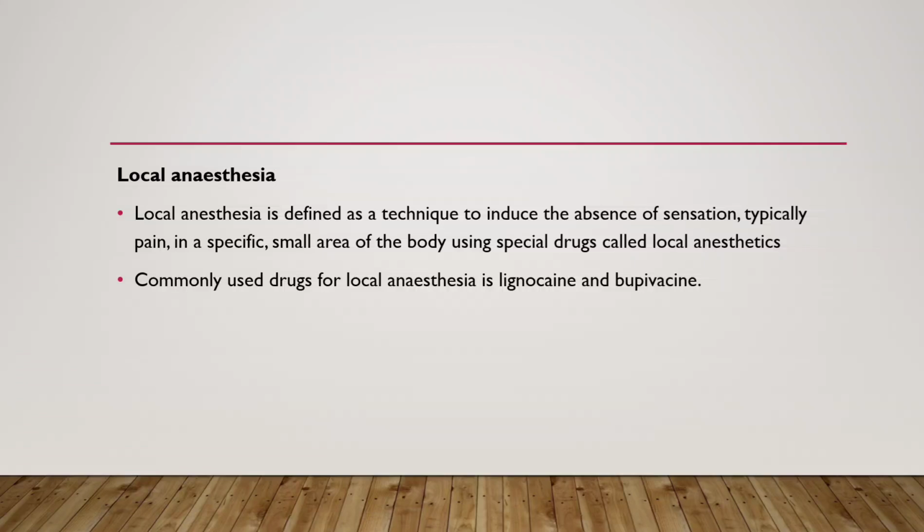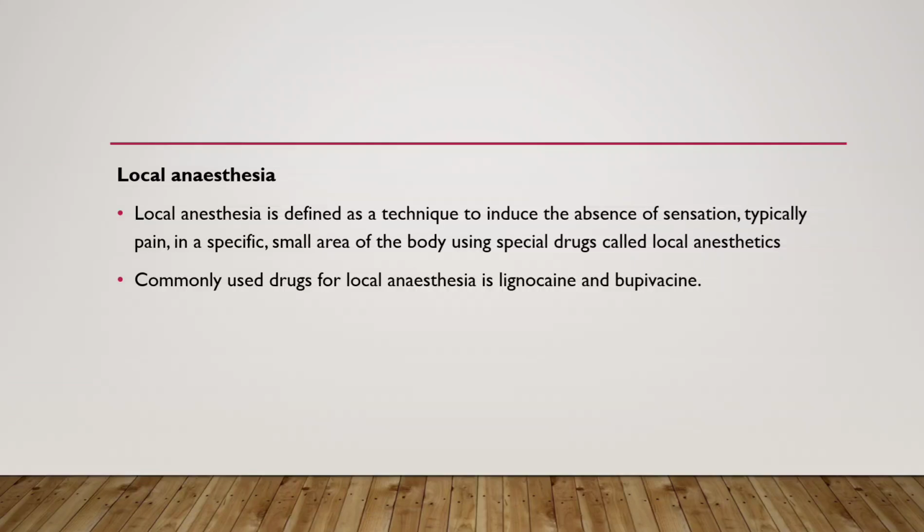Based on this intermediate chain, they are classified as amino esters and amino amides. Among amino esters, the drugs are procaine, chloroprocaine, tetracaine, benzocaine, cocaine and so on. Among amino amides, the drugs are lignocaine, mepivacaine, prilocaine, bupivacaine, etidocaine, ropivacaine and so on.